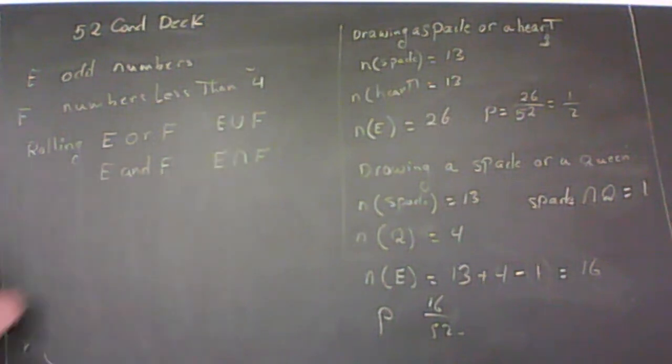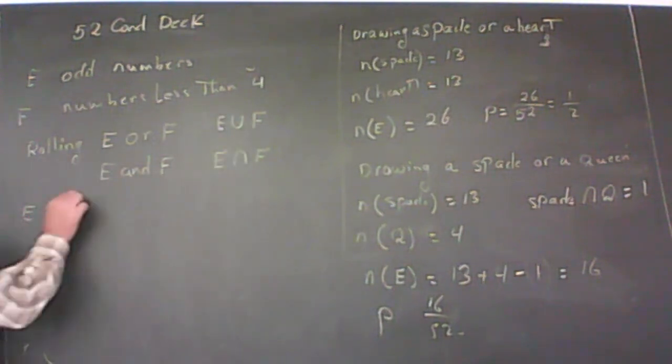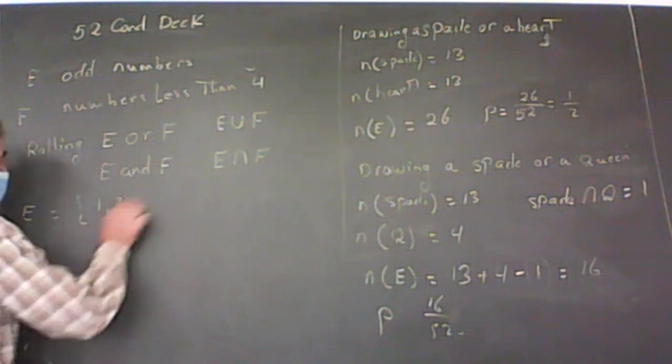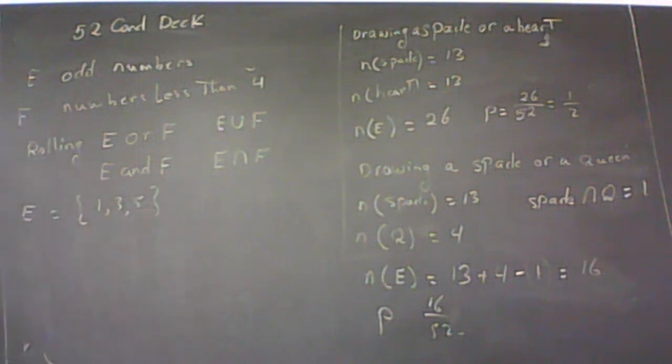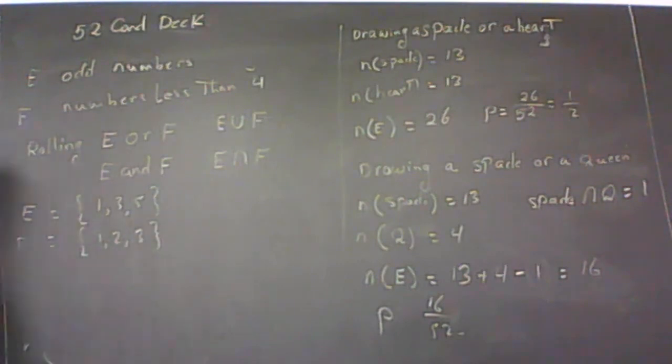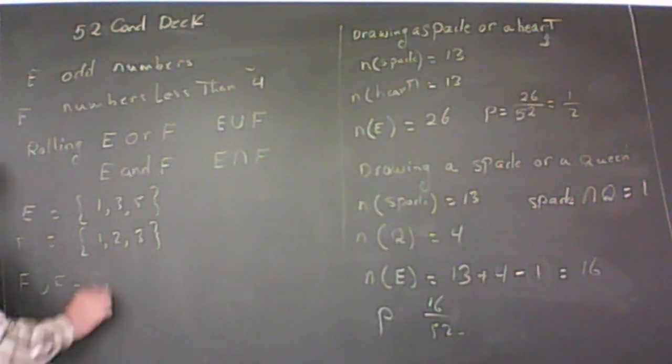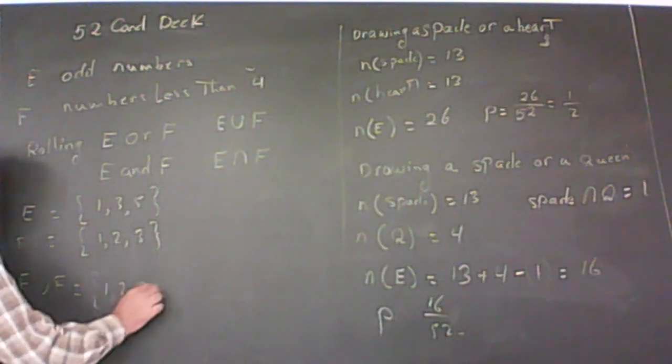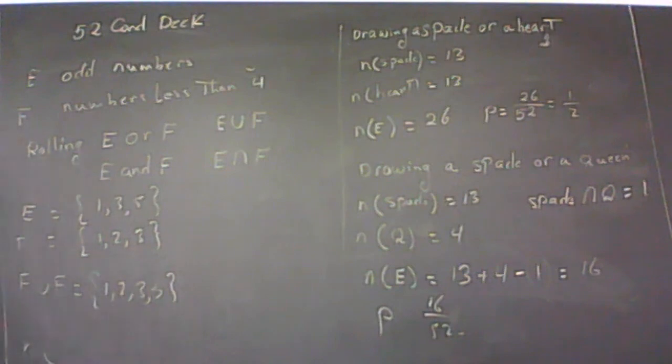Now take a look at this. E is 1, 3, 5. F is 1, 2, 3. Yeah? Then what is E union F? See, 1, 2, 3, 5.